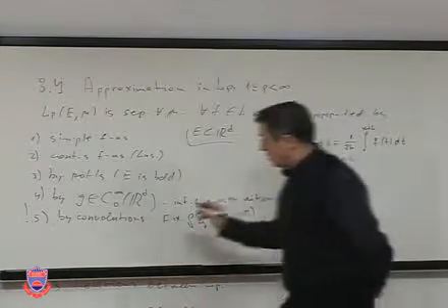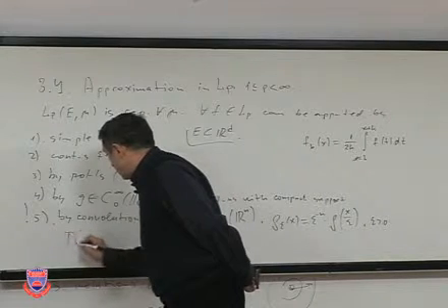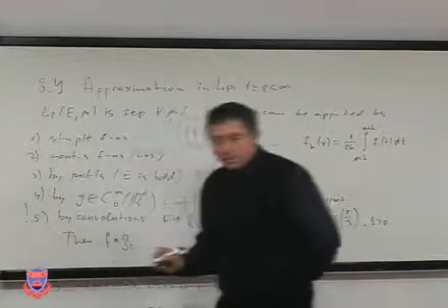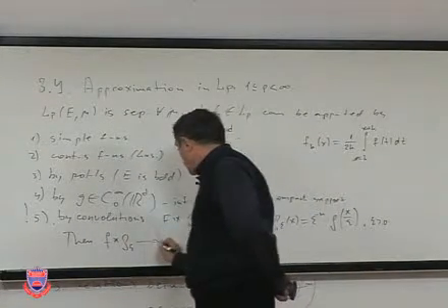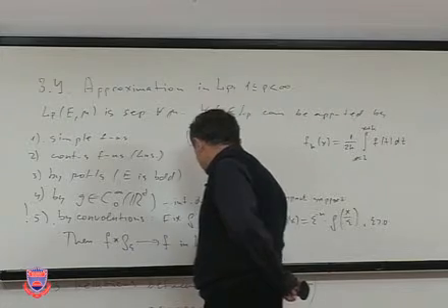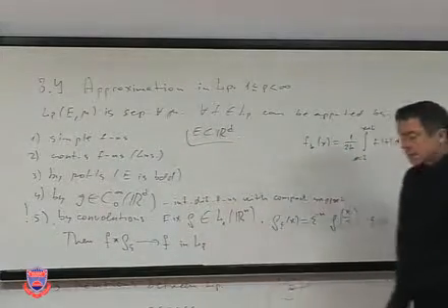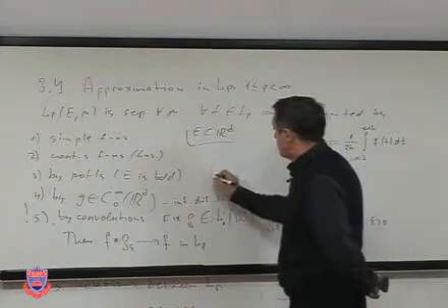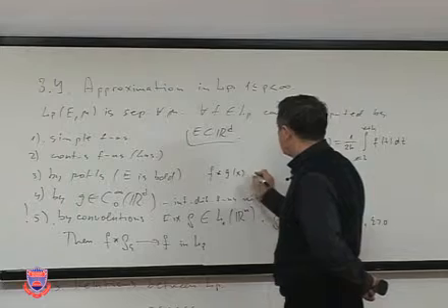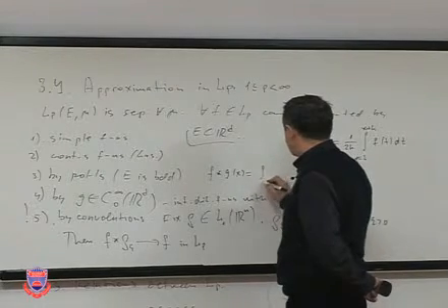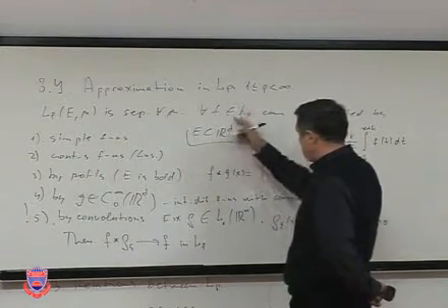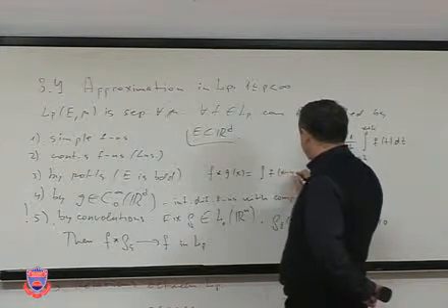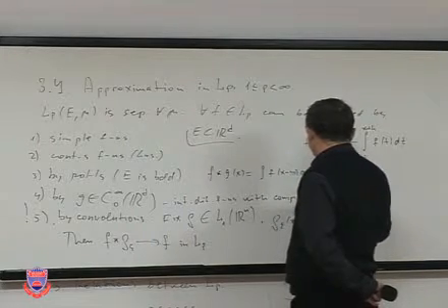Then we have that the convolution of function f with this rho epsilon approximates function f in the sense of the p norm. You remember the definition of convolution: f convolved with g at x is the integral over this Euclidean space of f of x minus y, g of y dy.